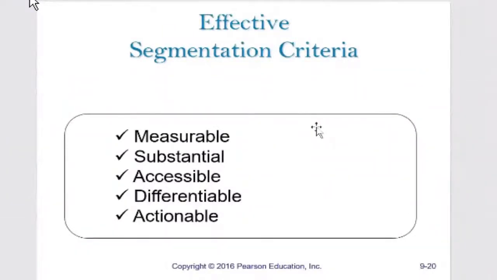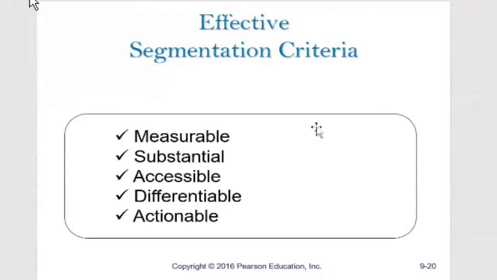Now we are going to look at the different segmentation criteria. We look at the five effective segmentation criteria. The first and the most important is that the segmentation must be measurable. It must be substantial in size for it to be viable as a segment.